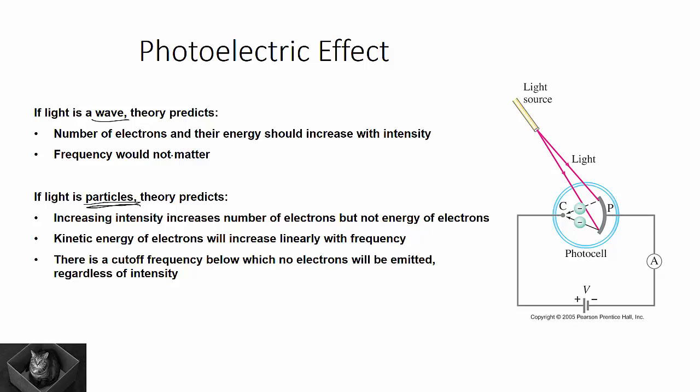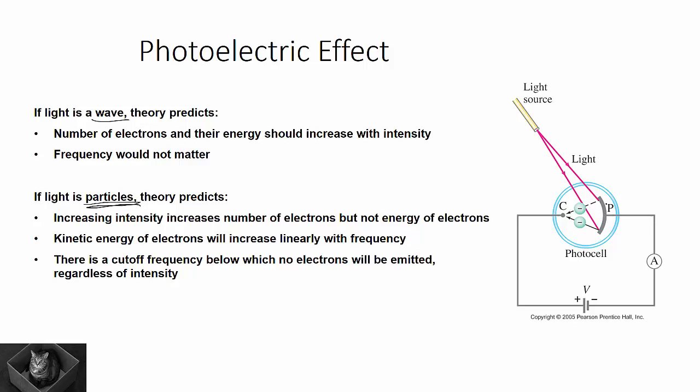So the wave theory would predict that the number of electrons coming off, the current here, and the energy of the electrons coming off should increase with intensity. So you turn the light up, you get more electrons flying off the metal. Sounds reasonable. But it would also predict that frequency does not affect the energy or the number of electrons coming off.